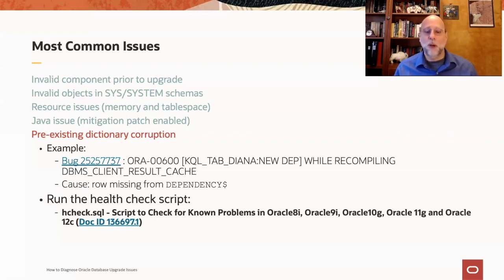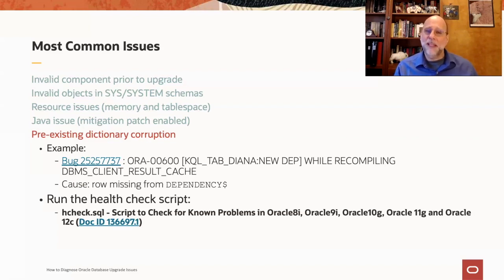That's why I picked that one out. And what happened there was, during an upgrade, they got an ORA-600, a pretty serious error. And it was because there was a row missing from the dependency table in their database. Now, why was that row missing from the dependency table? Nobody knows. By the time we encountered this, it's impossible to diagnose and unearth the cause.